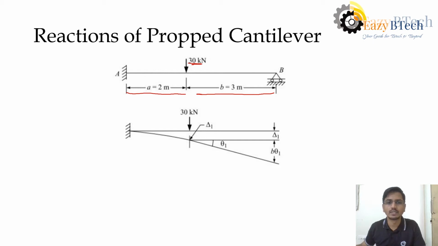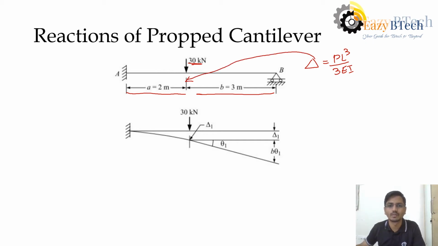If we apply the deflection formula, delta equals PL cubed by 3EI, it gives me the deflection at this point below the load, not at the B point.